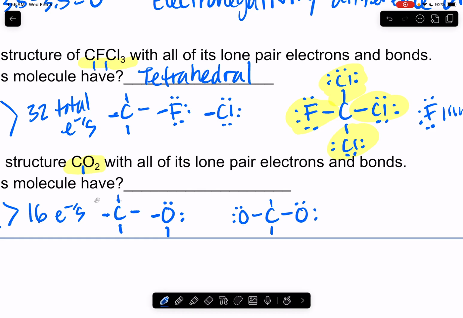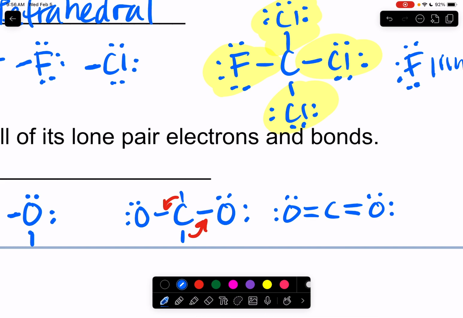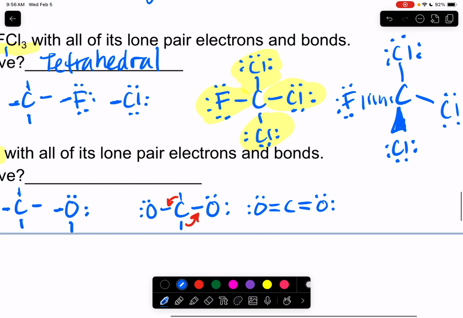But that still doesn't solve my problem because that carbon and oxygen are not happy right now. So what I can do is move these so they're sharing some more electrons. And now this carbon has 4 bonds. Each oxygen has 2 bonds. We have 16 total electrons, so this is good.